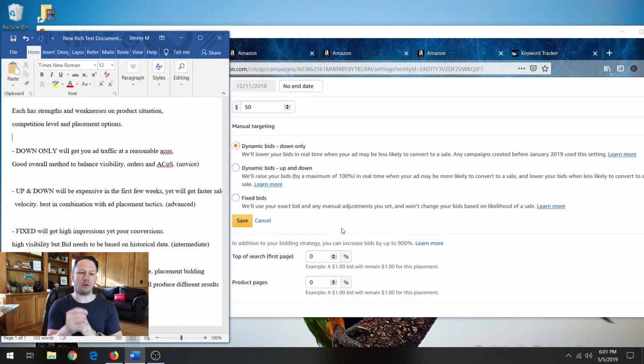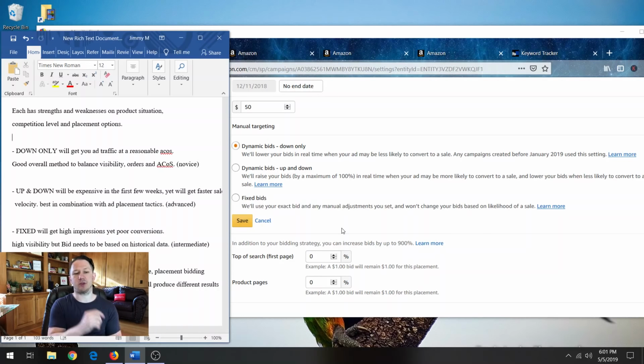And I only use fixed bids in a few certain circumstances because it shows your ad all the time. And that is exactly when you want to use it. So if you're converting very well for a specific keyword, or really I use them for a product page. So if I have a product ad that I'm targeting, I'm targeting somebody else's product and my ad shows up on their page and I know it's converting well, my numbers show it's converting well.